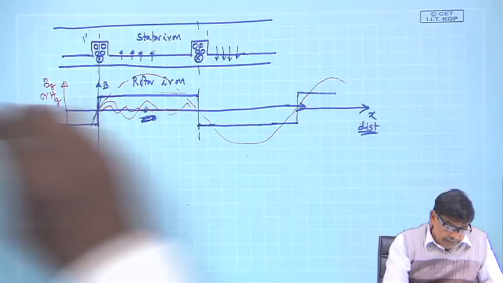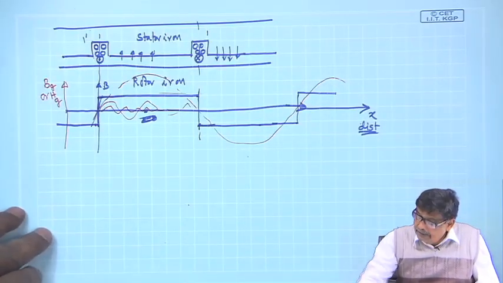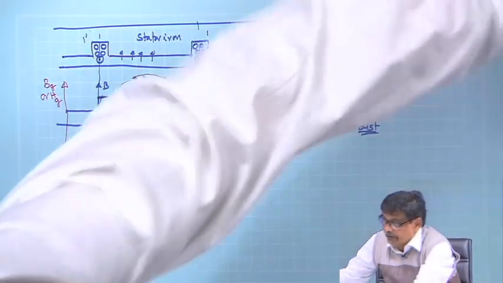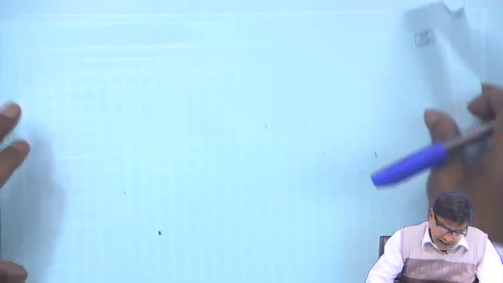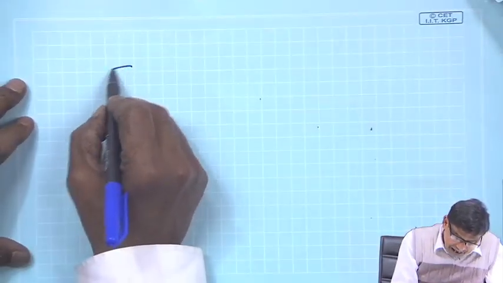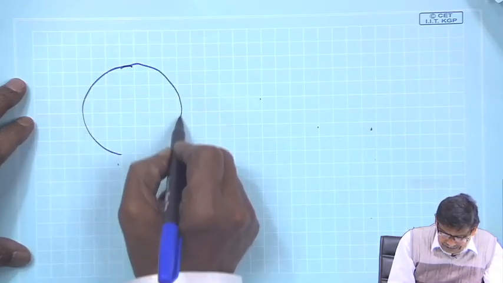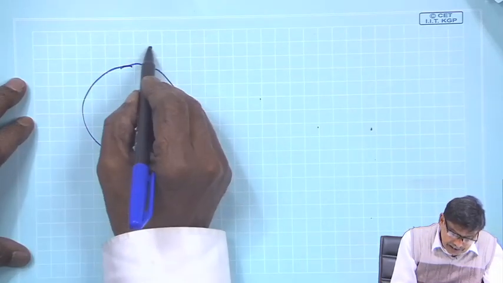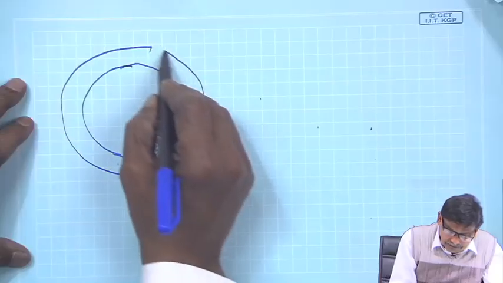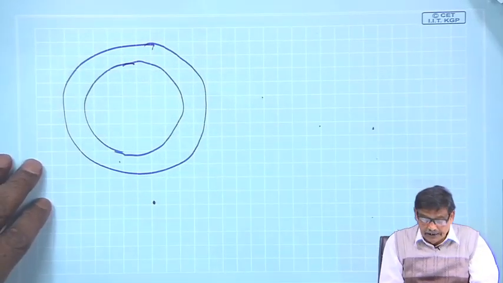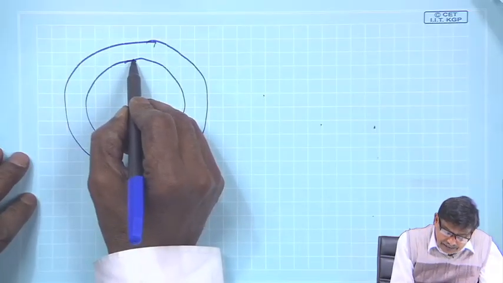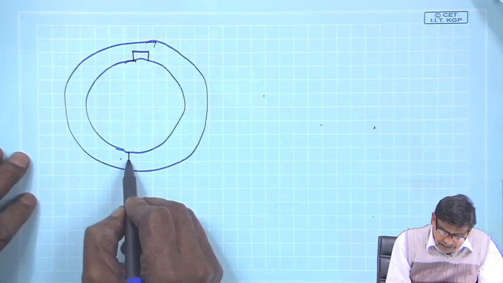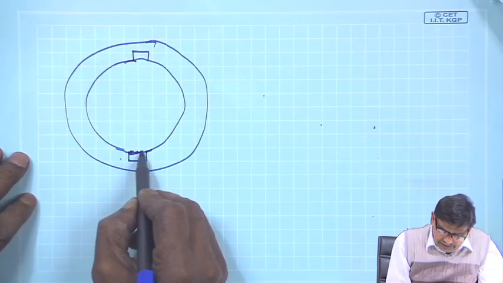What I mean to say, in terms of coils, let me draw. It is a very bad drawing, but it must go to your head what I am telling. So long, I have taken a single coil and restricted it to two poles.